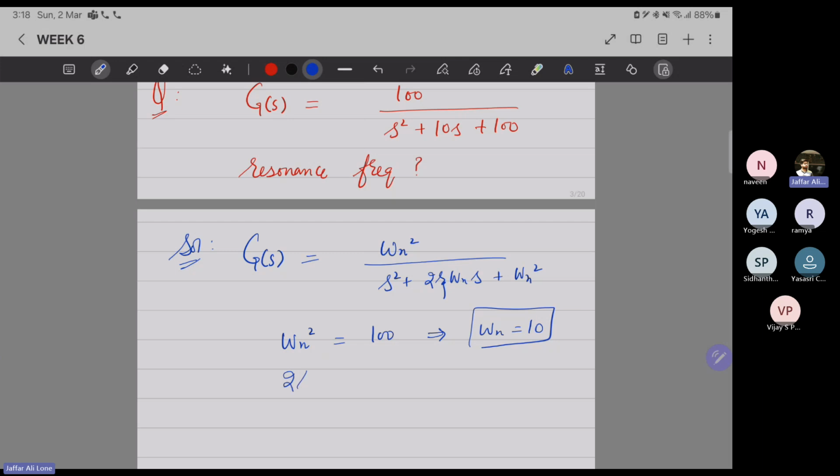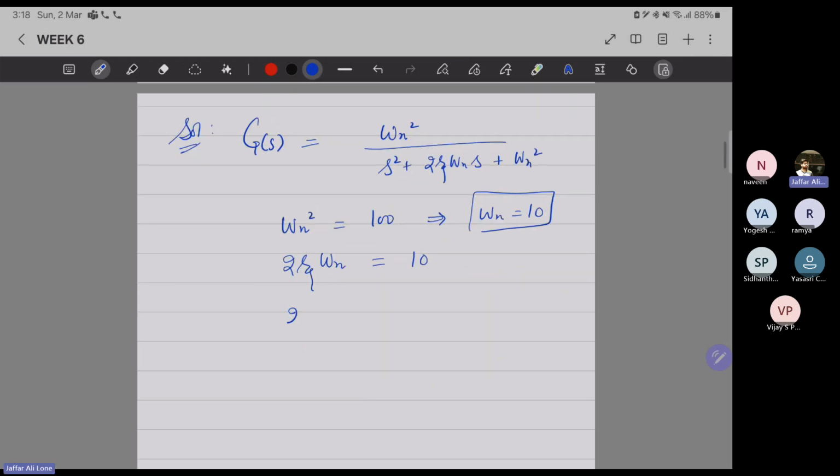Similarly, 2 zeta omega n is 10. It means 2 zeta into 10 is equal to 10, and omega is 1 over 2, it is 0.5. Correct? So you now obtained omega n and zeta.